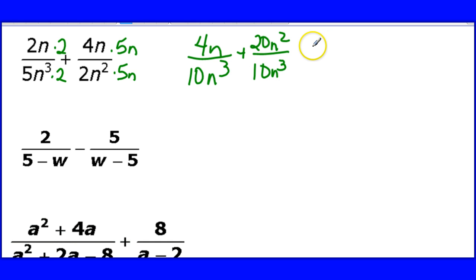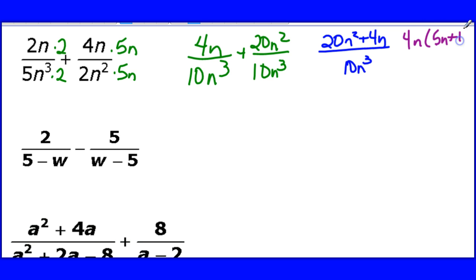Now that the denominators are the same, I'm just going to go ahead and add the numerators together. I like to put them in order. 20n squared plus 4n over 10n cubed. Need to factor this. I can pull out a 4n, and that's going to leave me with a 5n plus 1 over 10n cubed.